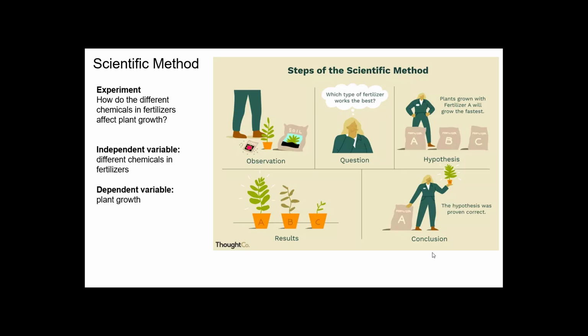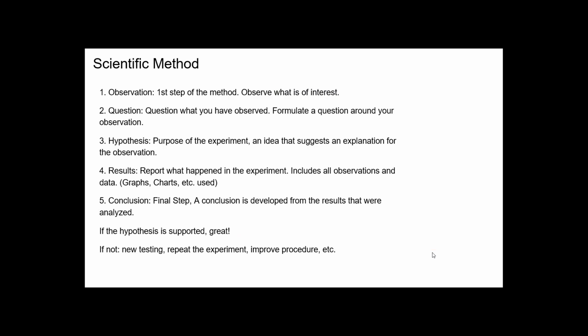So in this case, they use different chemicals. They use different fertilizers, but let's say they use the same plant, try to get the plant with the same growth amount in the beginning. Everything was watered with the same amount. Everything got the same sun. Everything is as standardized as possible, except for whatever the dependent variable is.